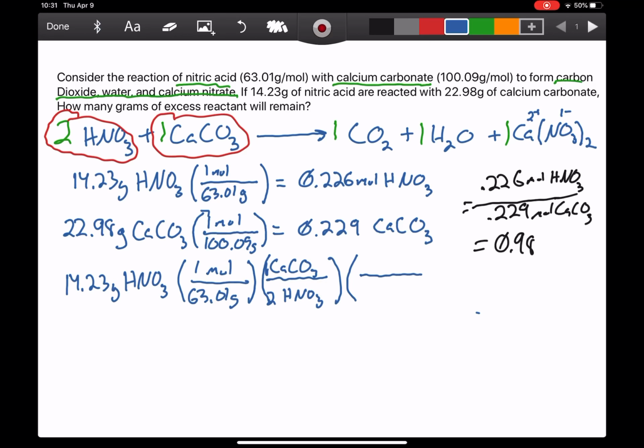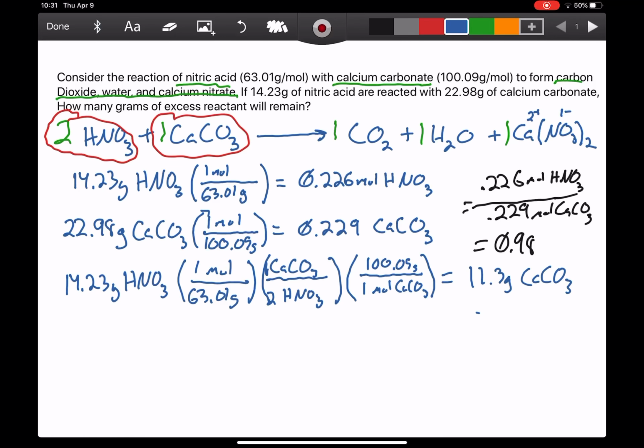And that calcium carbonate is equal to 100.09 grams. If we multiply this through, we find that we are going to use 11.3 grams of CaCO3. Now, this is how many grams of CaCO3 we used.